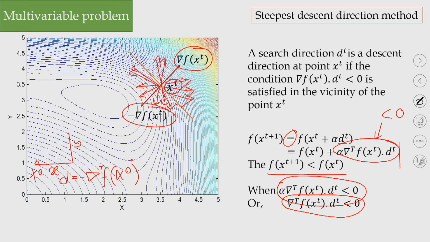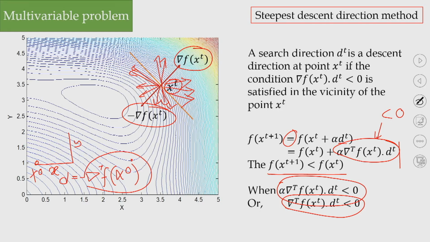This method is again a simple method. We are calculating the direction using the gradient information at that particular point. We will calculate the gradient and go along the negative of that gradient. Therefore, we can apply this method iteratively.